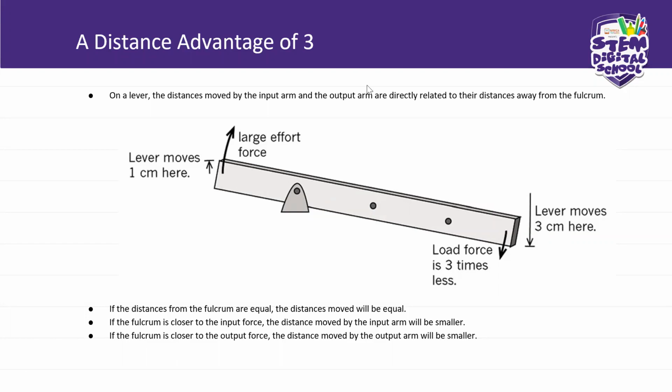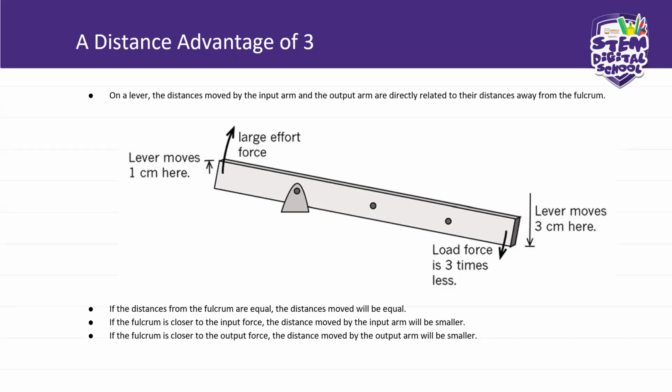Let us see. On a lever, the distances moved by the input arm and the output arm are directly related to their distances away from the fulcrum. Now, it is the effort that is closer to the fulcrum. In the other lever, it was the load that was closer to the fulcrum. If the distances from the fulcrum are equal, the distances moved will be equal, like the seesaw.